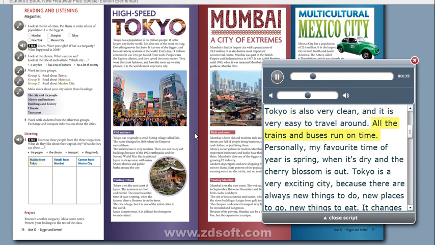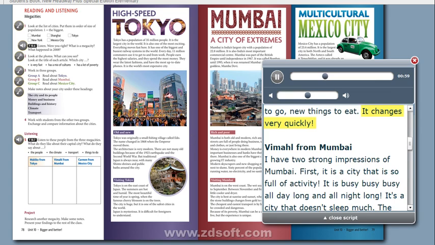All the trains and buses run on time. Personally, my favorite time of year is spring, when it's dry and the cherry blossom is out. Tokyo is a very exciting city because there are always new things to do, new places to go, new things to eat. It changes very quickly.